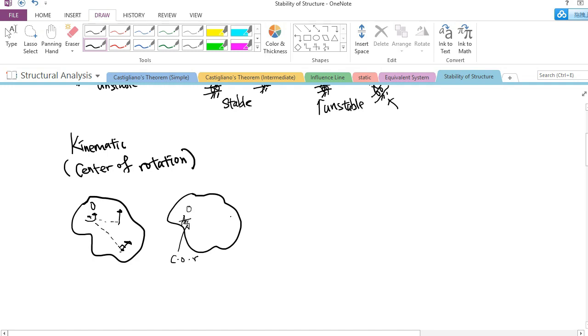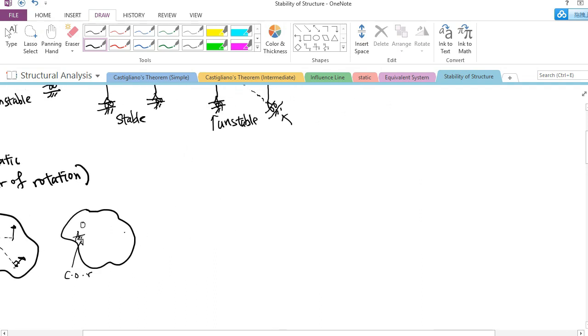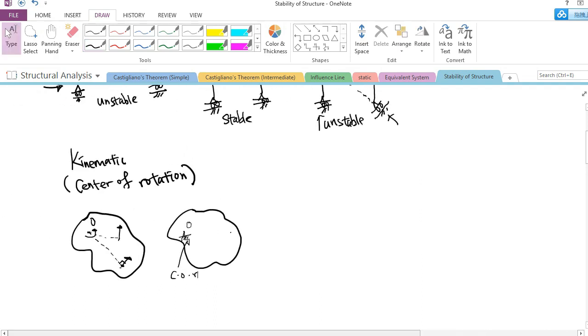How can we find the center of rotation? There are different ways. The simplest method is this: I know that this point will move in this direction, and I know that this point will move in this direction.